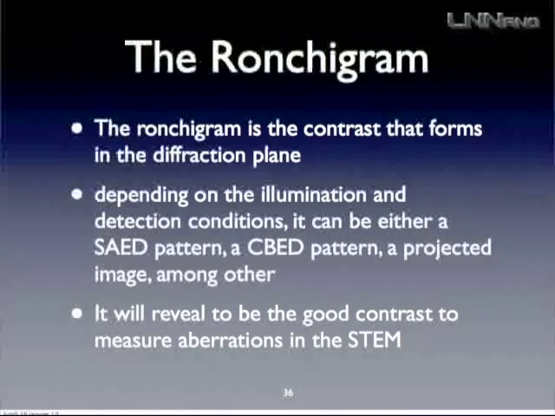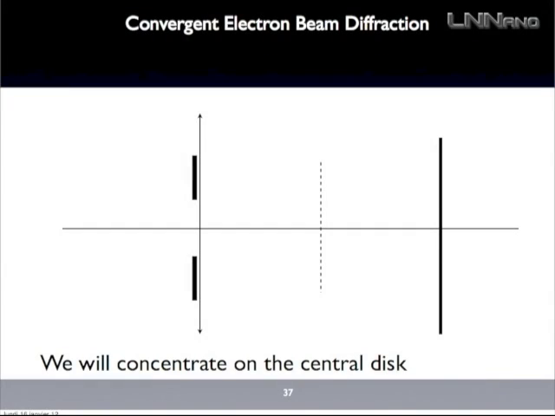It can be a projected image, as we'll see, and many other things. So it's like a chameleon, a kind of lizard that changes color depending on the need. And exactly the same. The reason why people are always talking about the Ronchigram is that it is really the way to understand and to measure aberrations in an STEM.